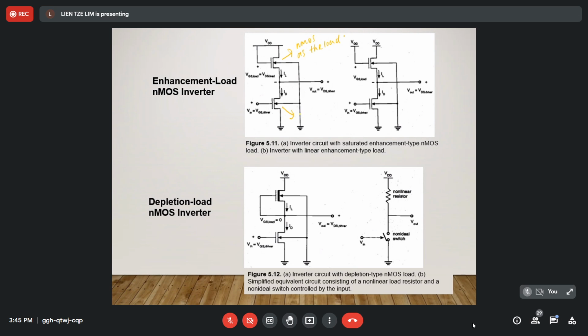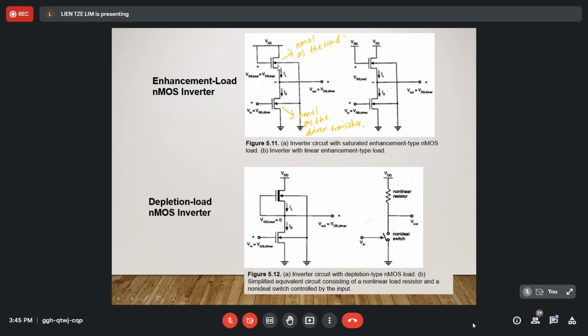This NMOS is the driver transistor. Two NMOS are used in the enhancement load NMOS inverter.